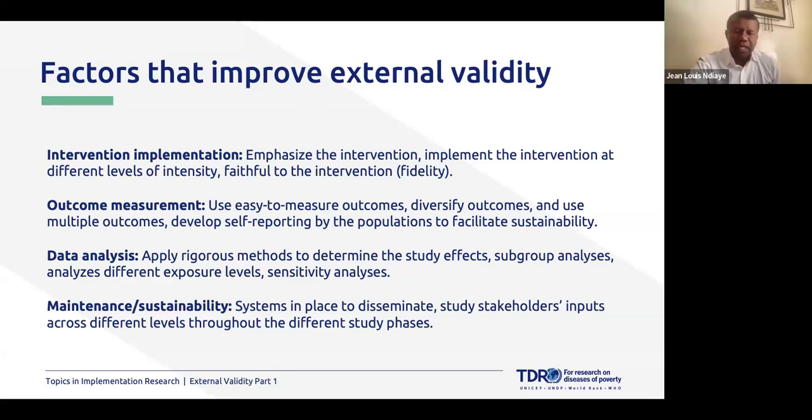Yes, exactly. I can see that in the intervention implementation, the issue of fidelity came, and also different outcome measurement. It's critically important that it has been covered here, because we are recently reviewing all the theses of the students, and we noticed that quite often the theses are not very comprehensive.